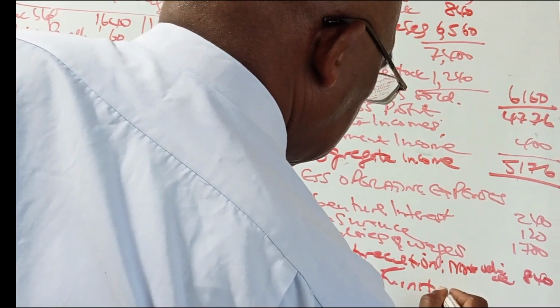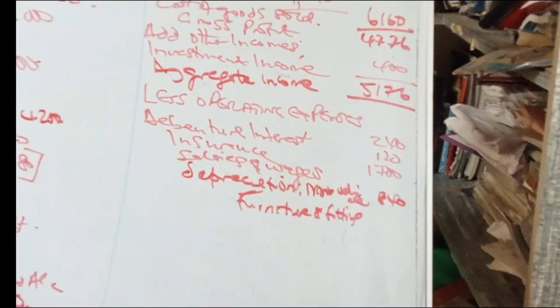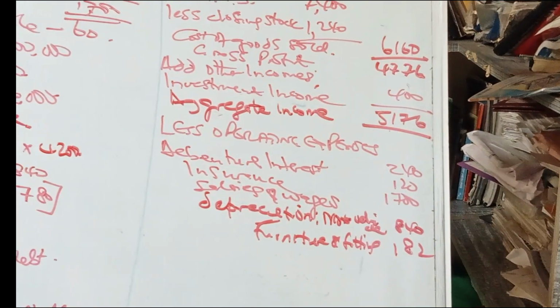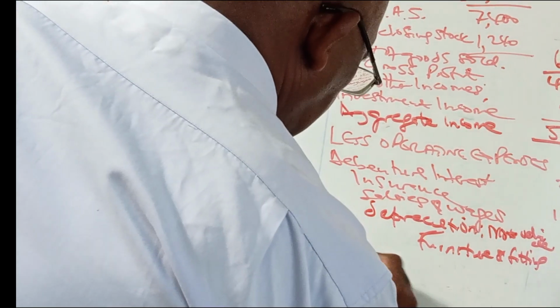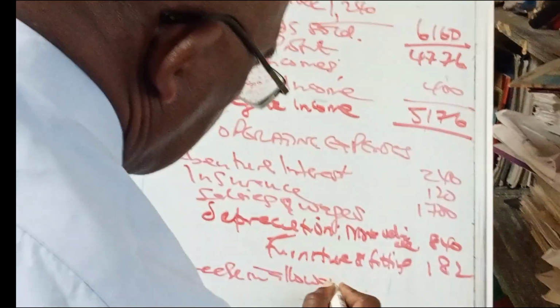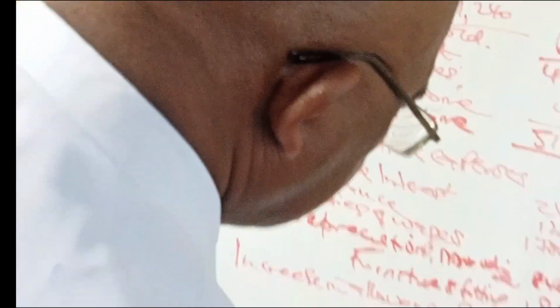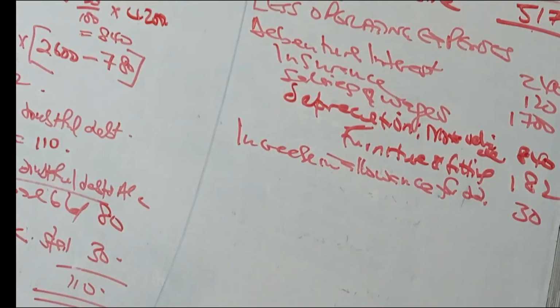Furniture and fittings, it is 182. Allowance for doubtful debts increase 30. Increase in allowance for doubtful debts 30. Those are the expenses which were adjusted.